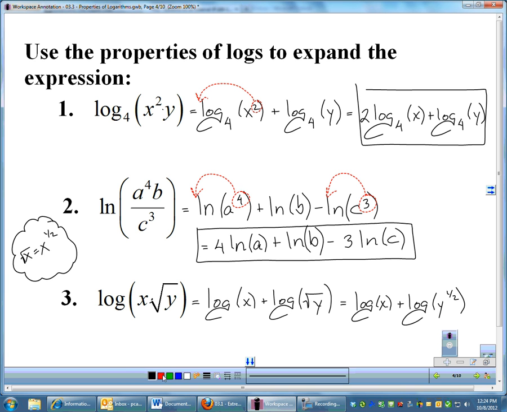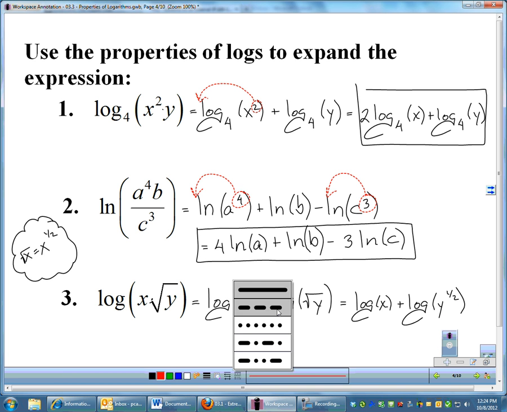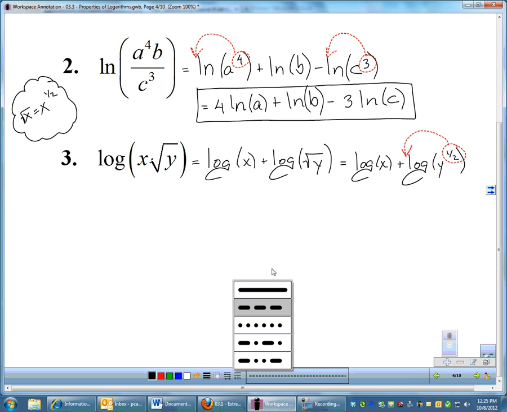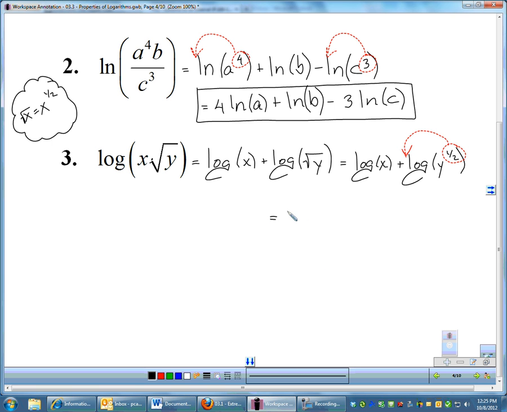And if you have an exponent, I'm going to expect you to grab the exponent and move it down in front as a coefficient. So I'll finish this problem by writing it as log of x plus, I was multiplying, so plus, and then I brought the 1/2 down, log of y.